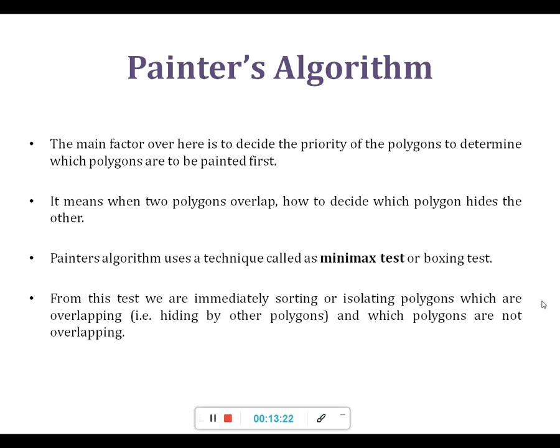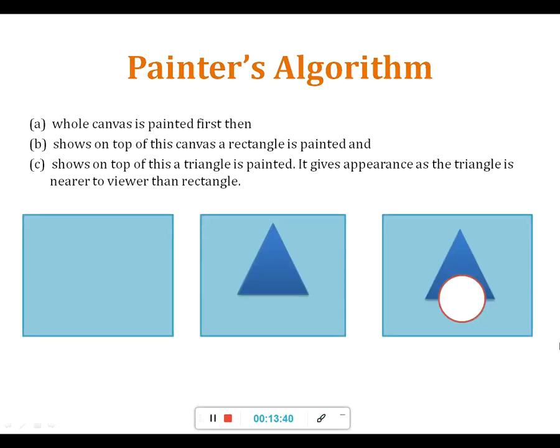So the painter's algorithm technique is going to use the minimax test. Okay, so here we are going to use the minimax test. What we can say from the previous diagram is that more distant polygons are painted first, right? So we have painted the triangle, and the nearer polygons are painted over the more distant polygons.